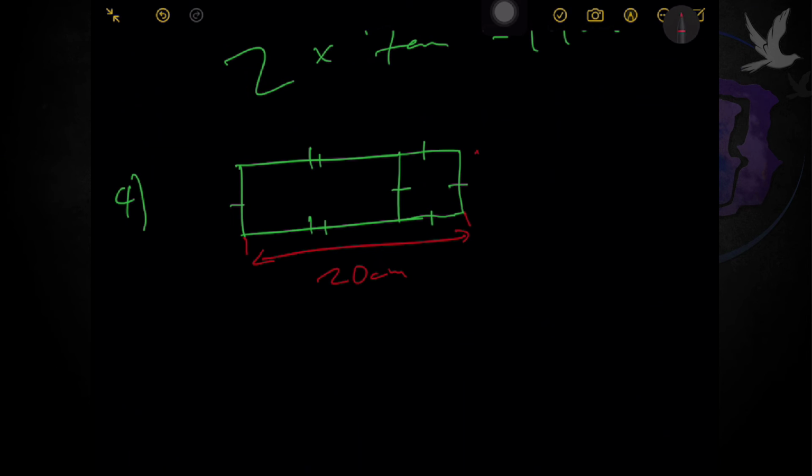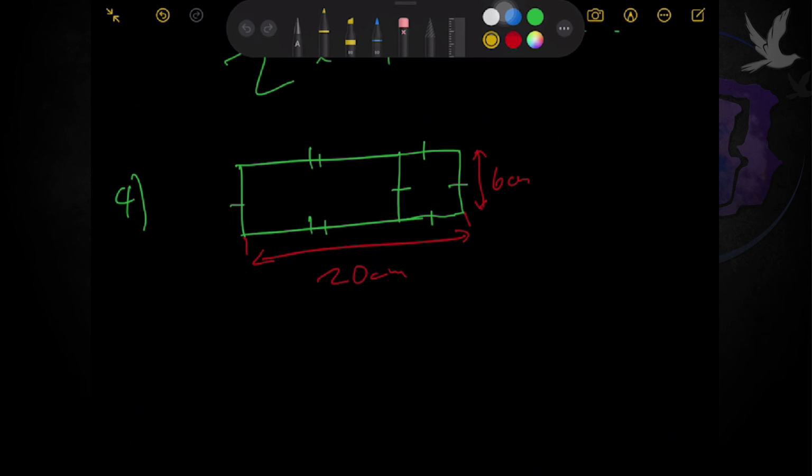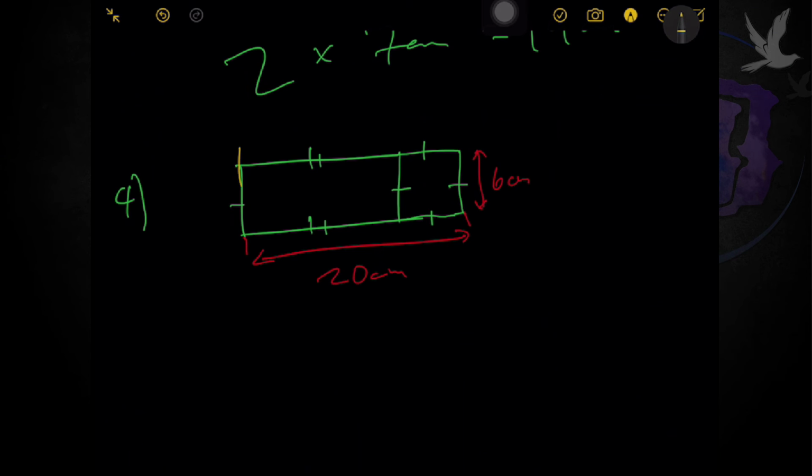And you know that the length from this point to this point is roughly, let's say, 6 centimeters. So now you're asked to solve for this one. How long is this?